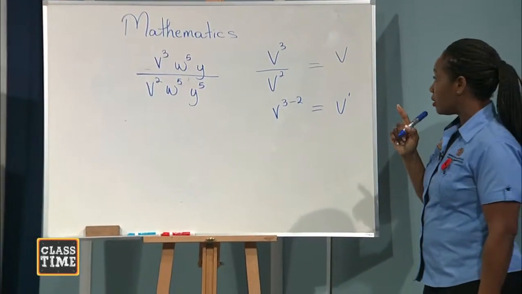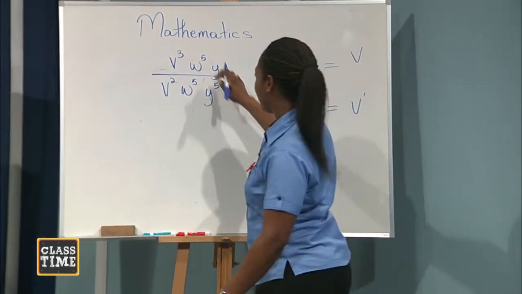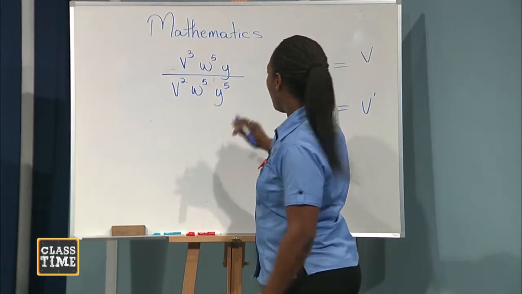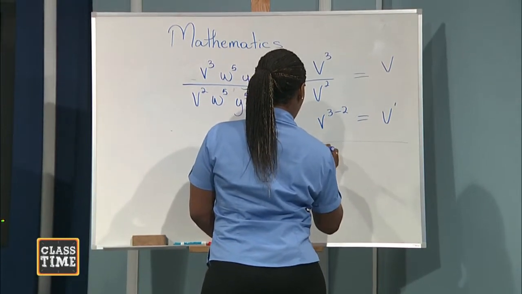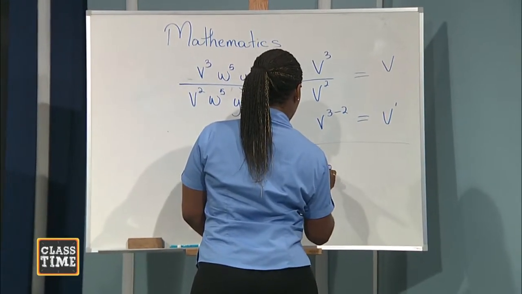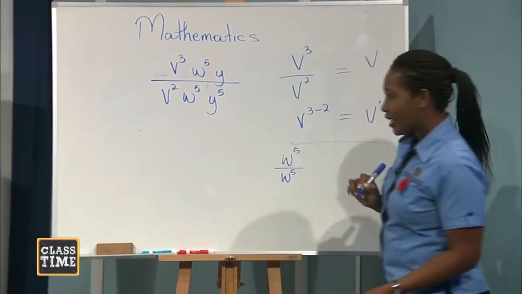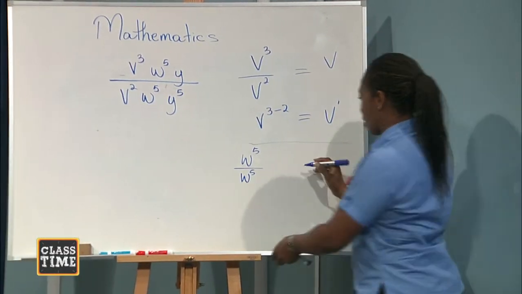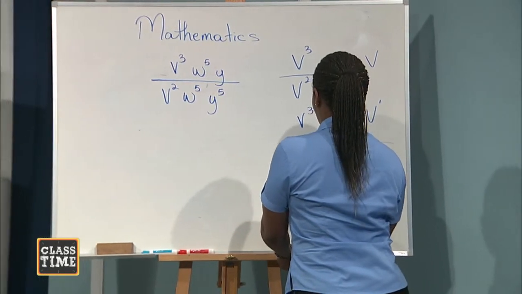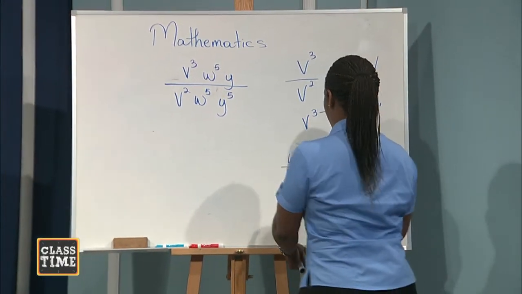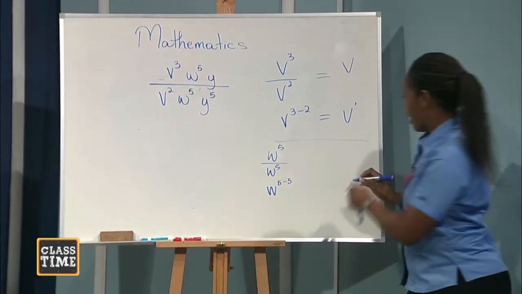What about the W? We don't have any W in our answer, so what about the W? I'm separating it again. I have w to the 5th power divided by w to the 5th power. If I did that, it means 5 subtract 5, subtracting the powers.